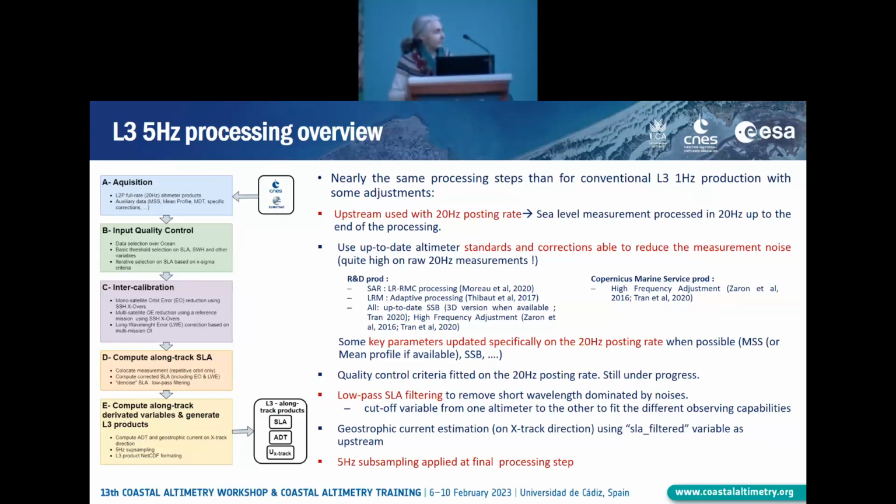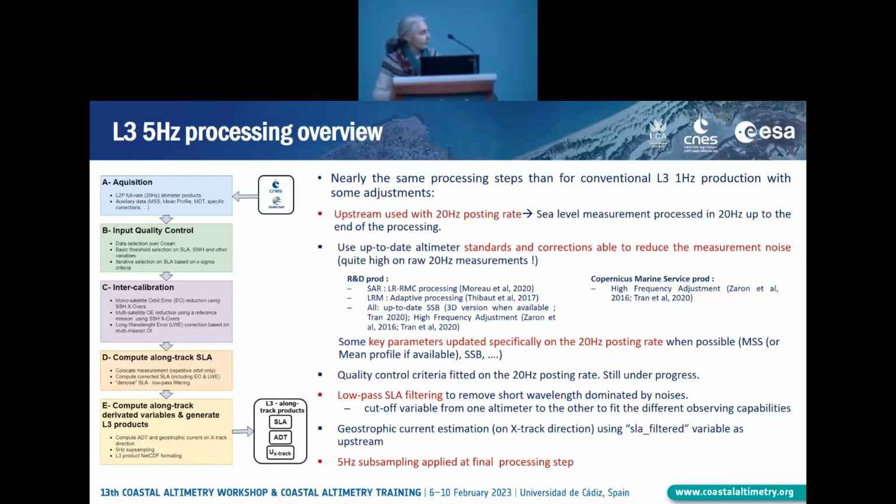So here, for this 5 Hz production, we have the strategy to adapt the cutoff wavelength differently for each altimeter considered, and we adapt this cutoff to the observing capabilities of the different altimeters.